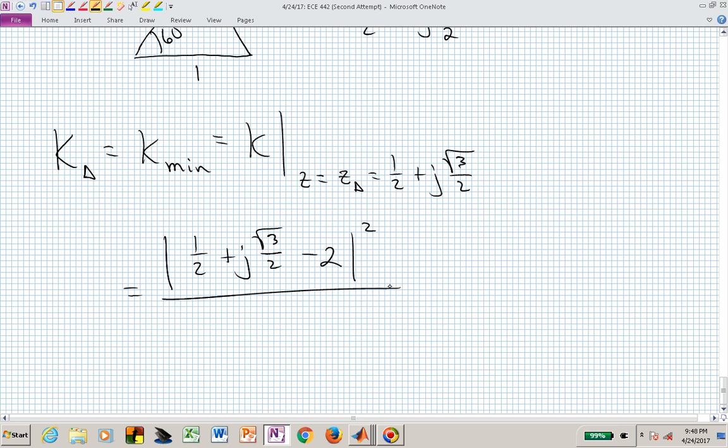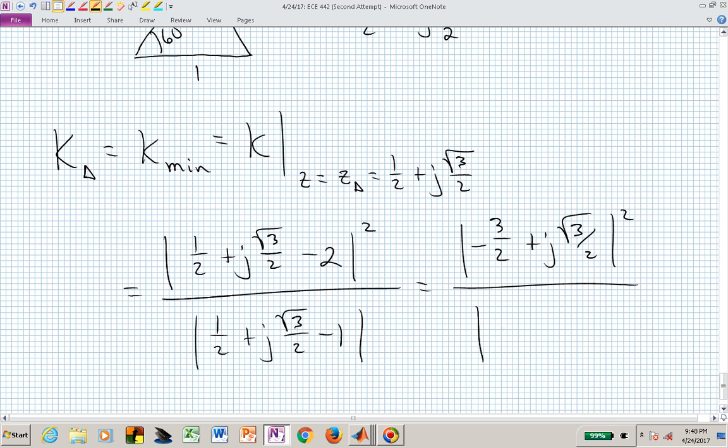We need 2 of those, and we have 1/2 plus j square root of 3 over 2 minus 1. We had 1 of those. Upstairs we have minus 3/2 plus j square root of 3 over 2, 2 of those lengths, and downstairs we have minus 1/2 plus j square root of 3 over 2.